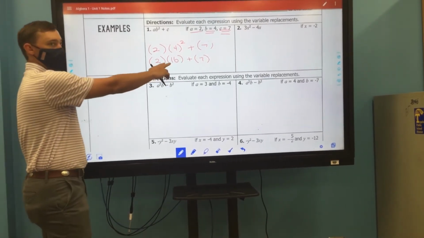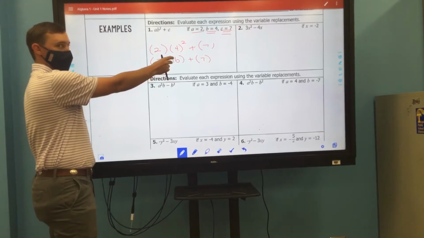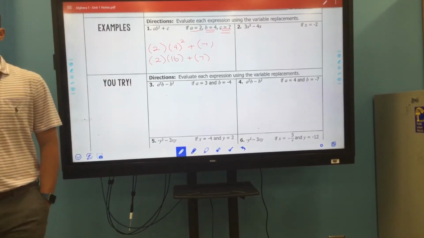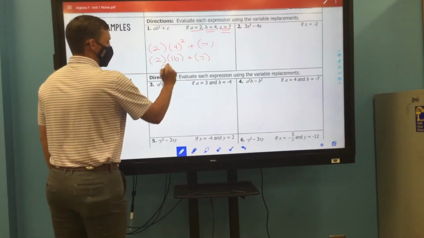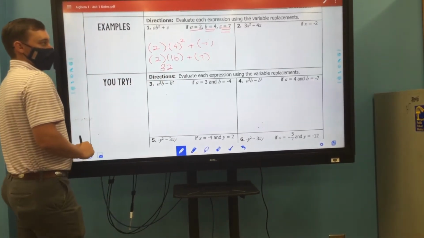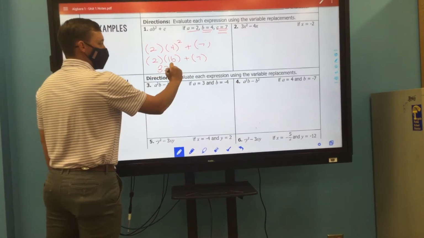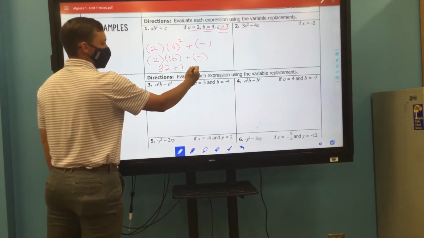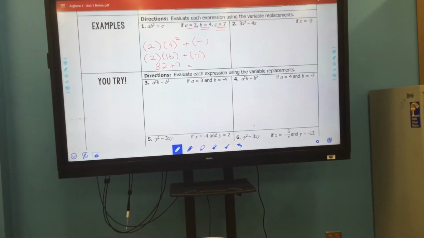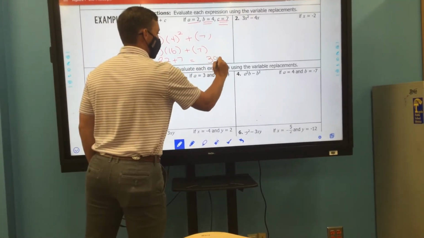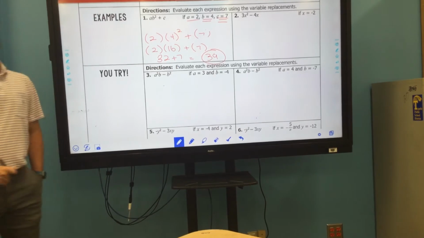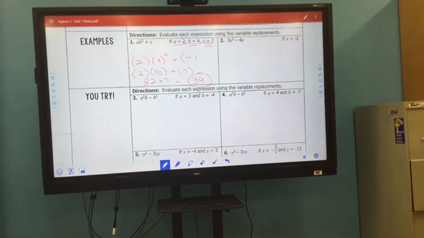These two parentheses here, since they're side by side, that tells us that we need to multiply. So you got 2 times 16, which is 32. Okay, and then we'll have 32 plus 7. Okay, 32 plus 7 gives me what? 39. Okay, so that's what our final answer is going to be. 39. All right, any questions about what we did there?